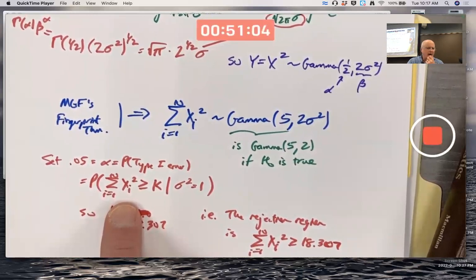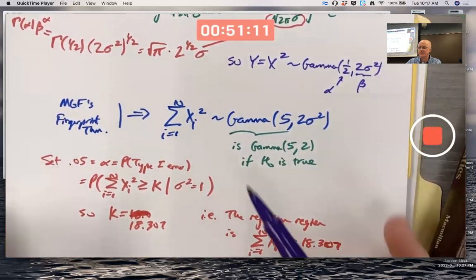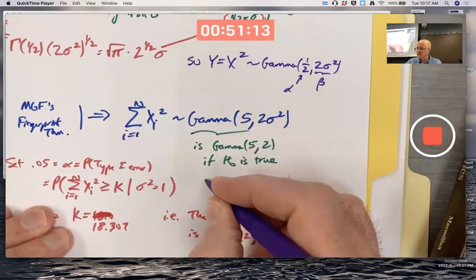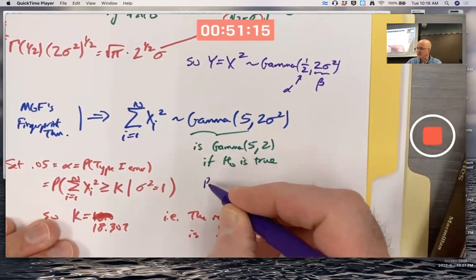Could I add more to this problem? Could we figure out the power of the test? Sure. The power would be the probability of being in the critical region when the alternative is true.